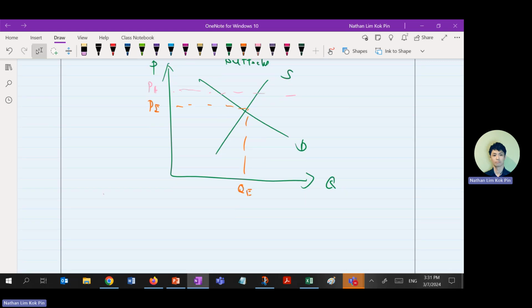Right? This is what I mean. P1 greater than PE: QS will increase, QD will decrease. But this is not sustainable. When it is not sustainable, eventually, as a result, it will go back to market equilibrium.